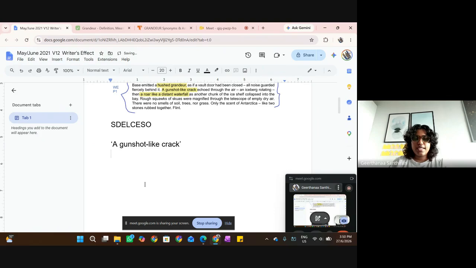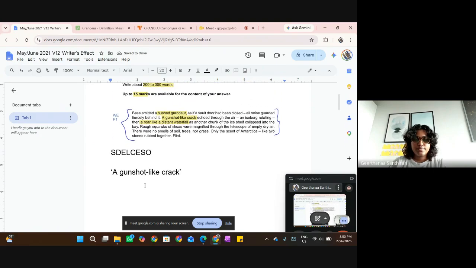A gunshot like crack echoed through the air, an iceberg rotating. Okay, so for a simile, that is what stands out to me first and foremost, right? So let's just start with technique. Simile. It's very important to explain the technique as well.